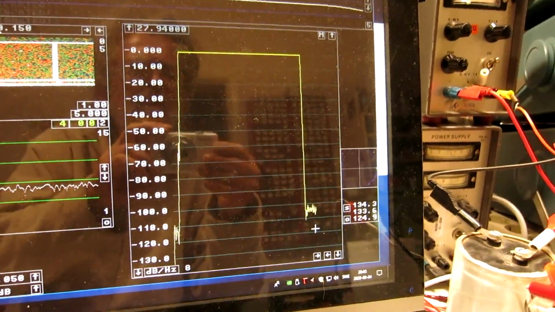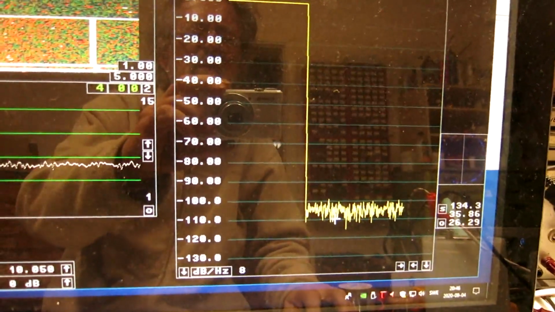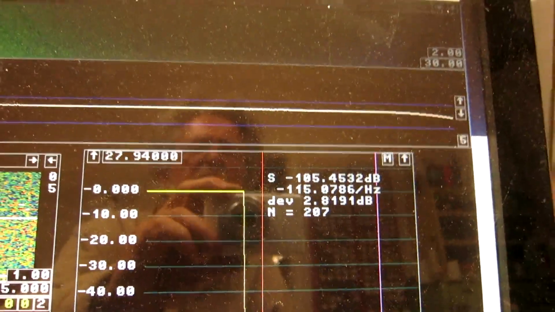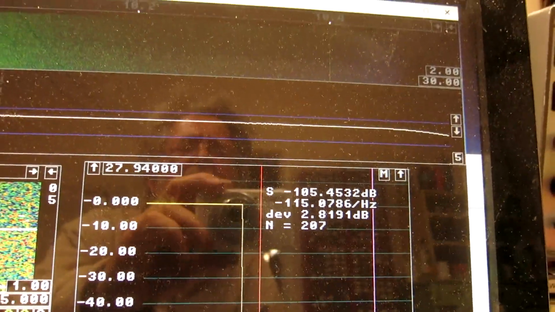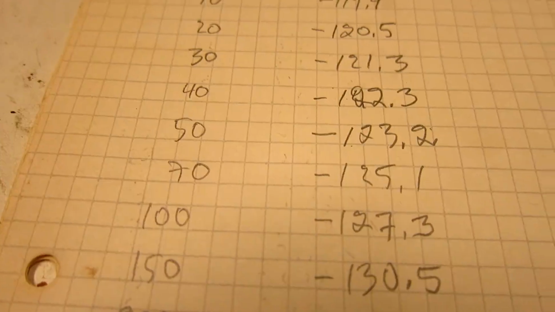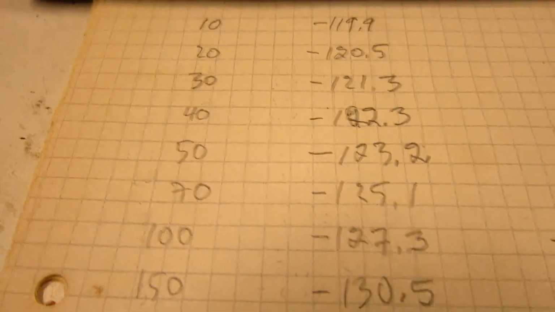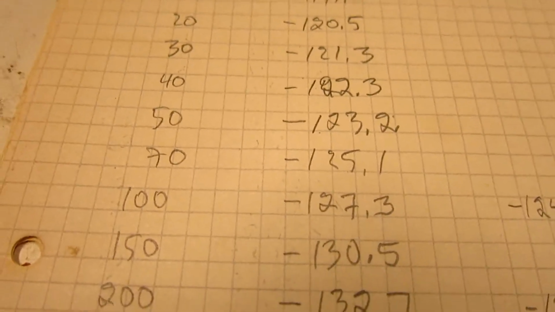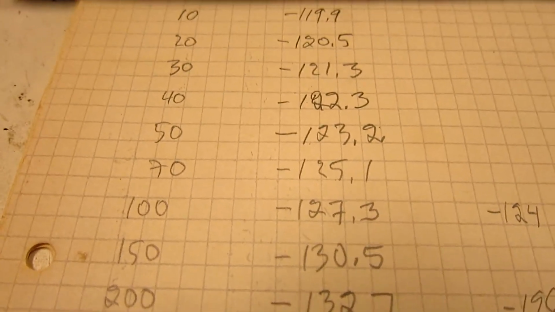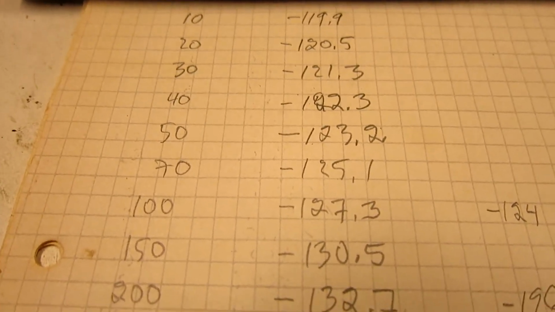I wait a little. And what I see is minus 115 dBc per hertz. That is 10 decibels higher than the expected reading at 70 Hz, but there could be reciprocal mixing from the pair of sieves.